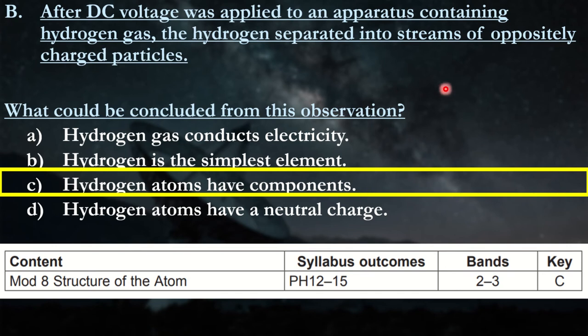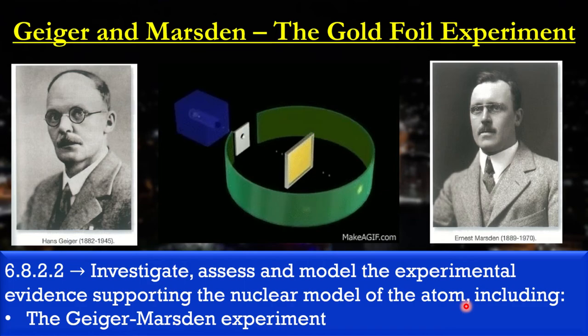Those charged particles could be protons or electrons, but not neutrons because they're not charged. That shows you inside an atom there are smaller components. In the HSC, this is designated as a band 2 to 3 question, and obviously you can see that that's our answer there.